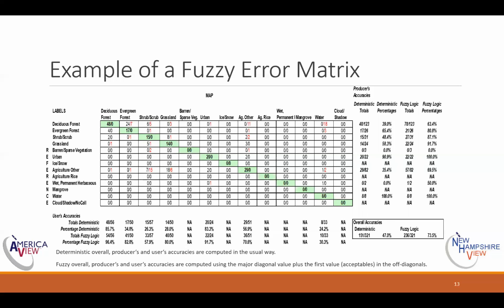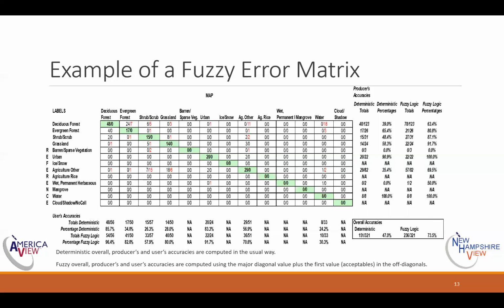Okay? And the same thing's true for producers and users accuracy. You can see the calculations there. What's being added is not just the major diagonal, but the first values in the off diagonal elements. Okay, so you can see for deciduous forest, initially it was 48 divided by the total, which was 56, or 85.7%.